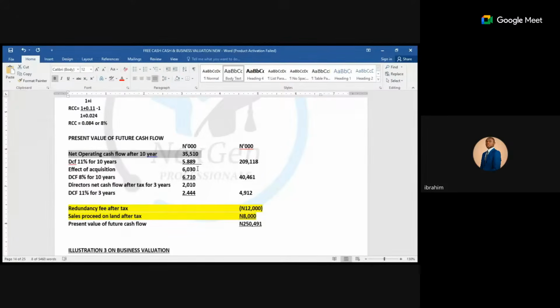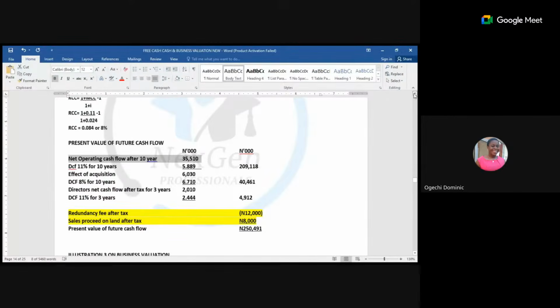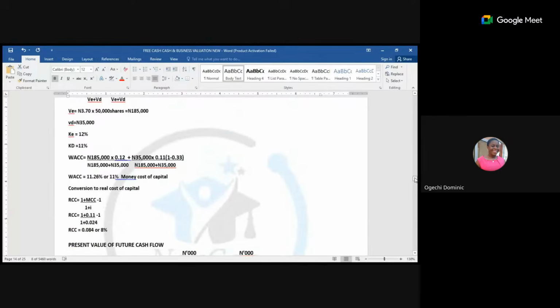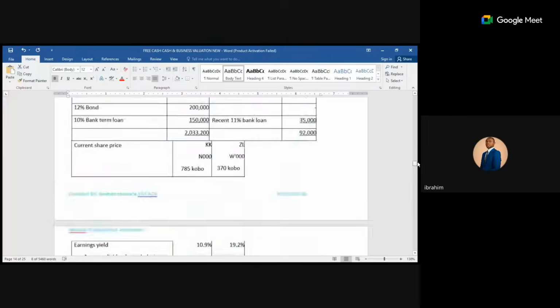So once you convert it to money cash flows, then you can convert. Mr. Ibi, right? Please, in that cost of debt that we used to calculate, I thought the cost of debt we are going to use is that of the bank loan. Okay, let's check.